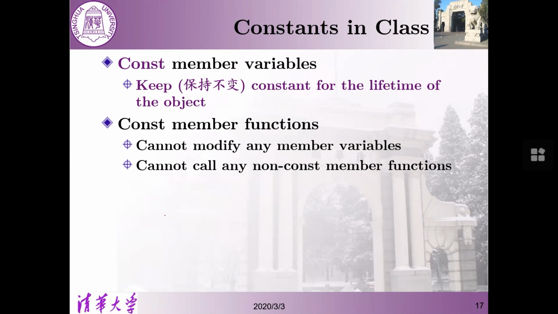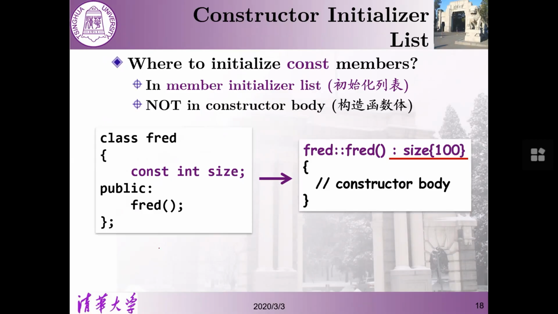They can only access const member variables. Right? So they correspond to const member variables. Then, constructor initializer list.